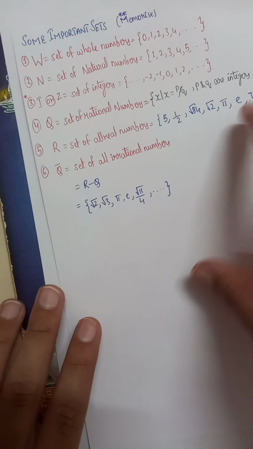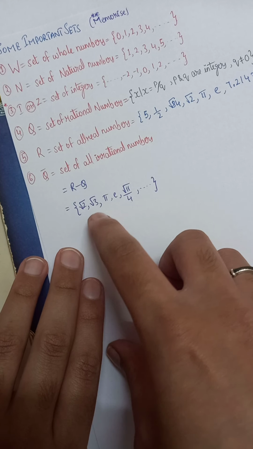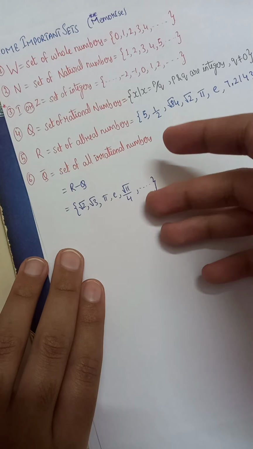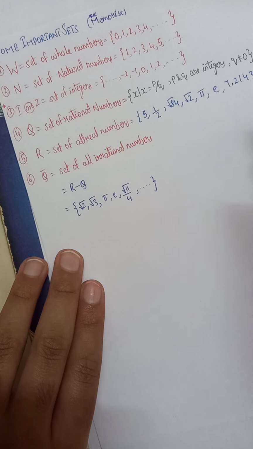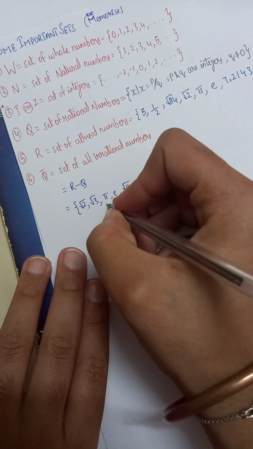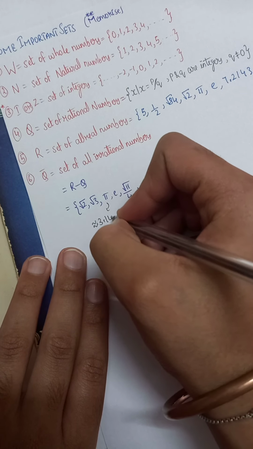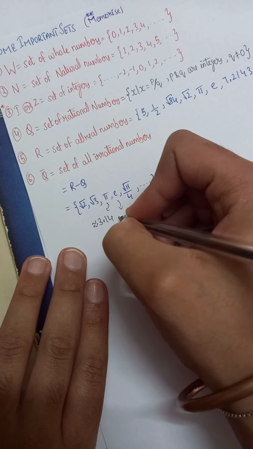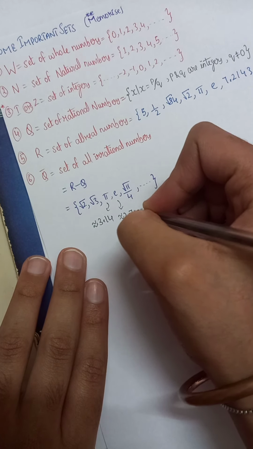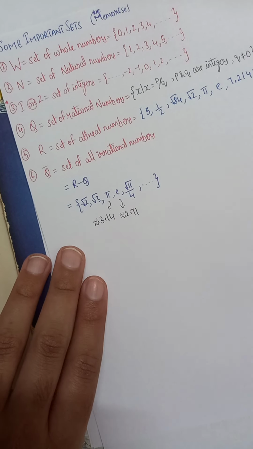After subtracting, you get values such as root 2, root 3, pi, e, root 11 by 4 and so on. Here pi is approximately 3.14 and e is approximately 2.71, and it goes on. We take the approximate value.